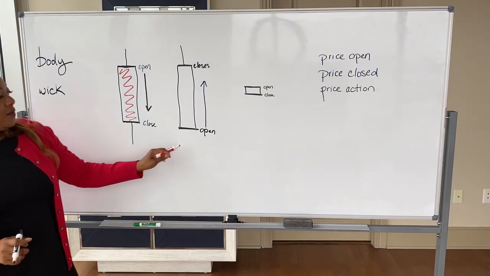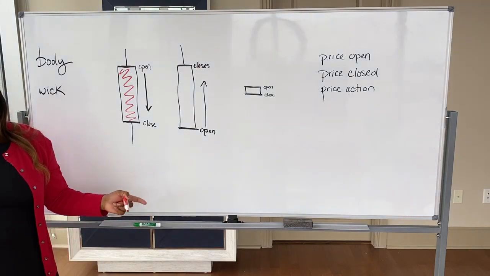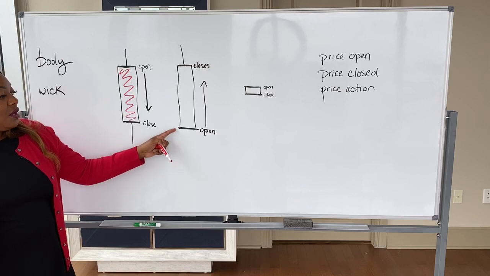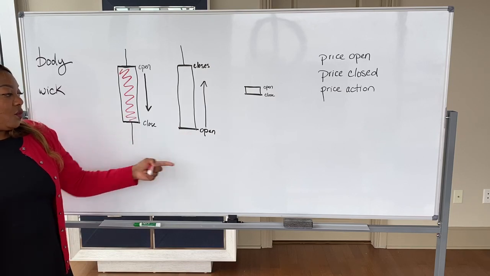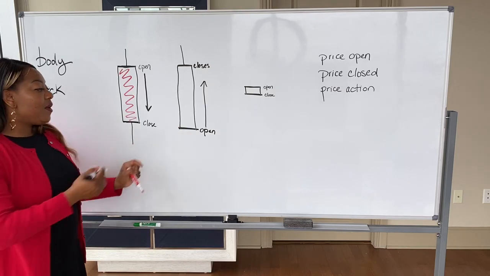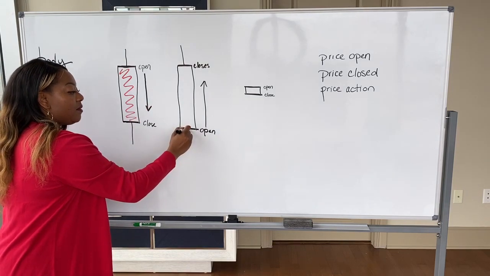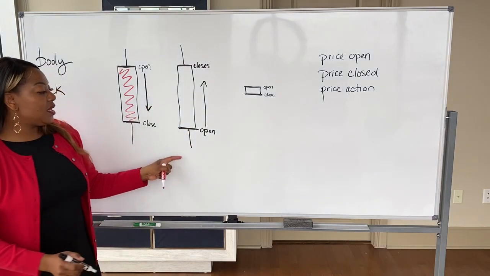And now somebody might say, well, Terry, there's no wick at the bottom. Well, sometimes if price never comes down lower than where this candle opened, there would be no wick. But if at some point price did come down a little lower than where the market opened, then we'd see a wick down here.